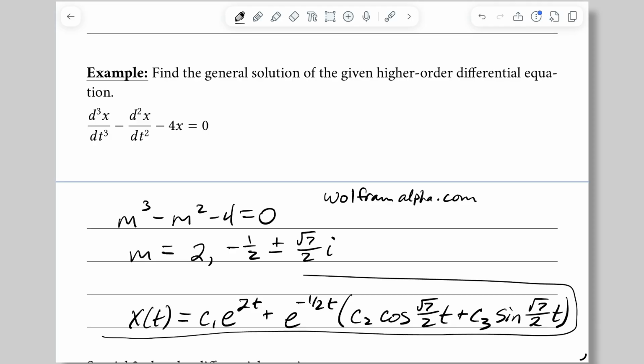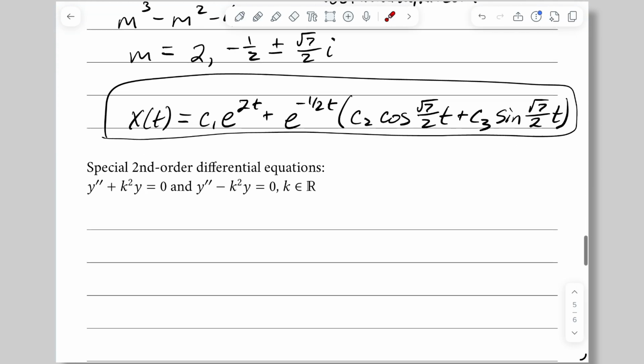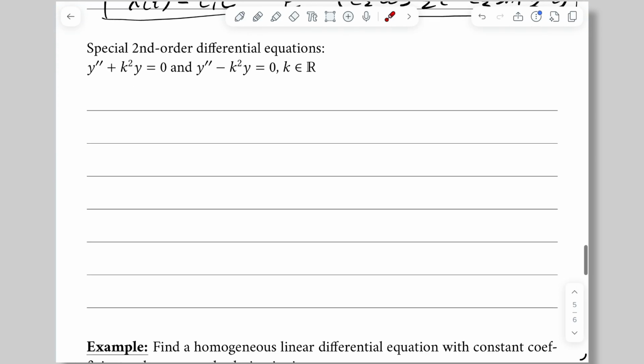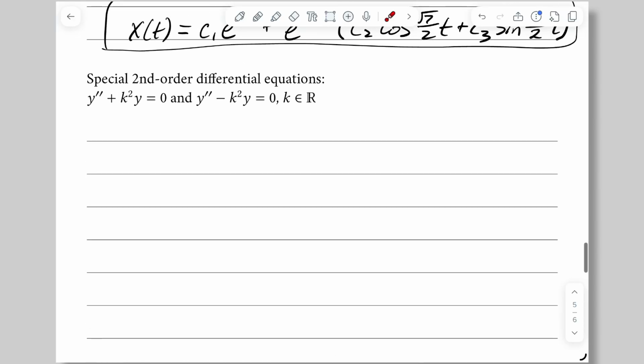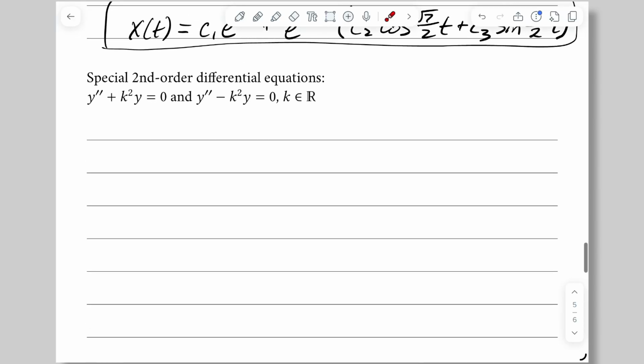How'd you do? That's all of those style of examples that we're going to do. You'll notice as we move through the chapter that doing all of this now becomes step 1. We're going to pile stuff on top of it when we have non-homogeneous differential equations.